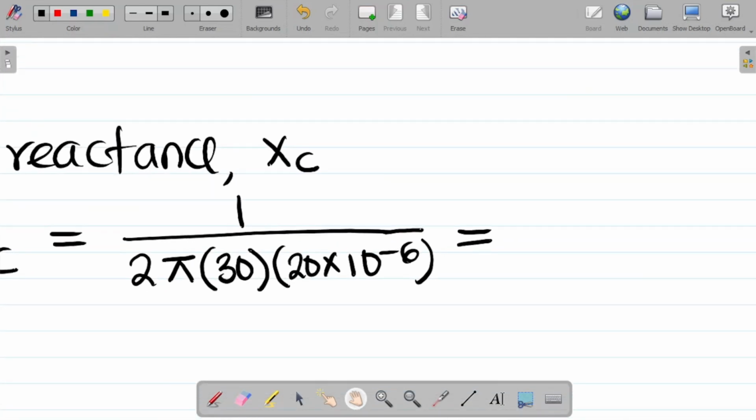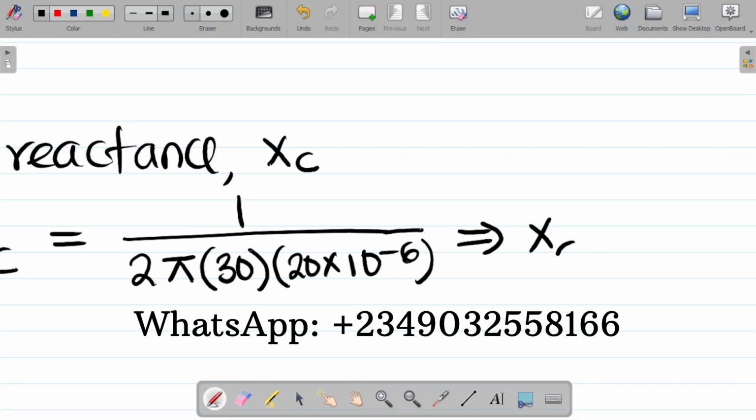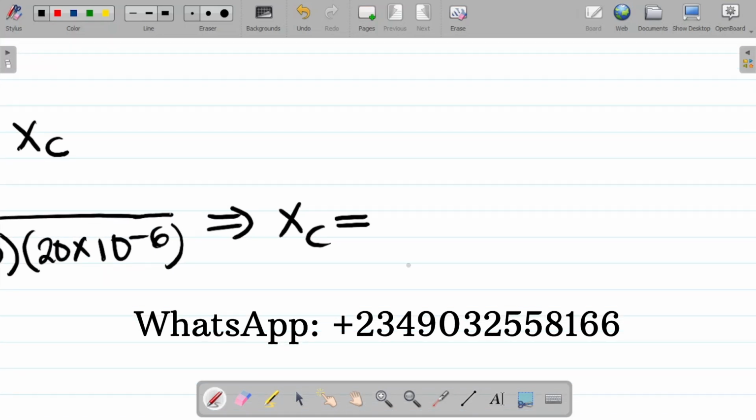1 divided by 2 times pi times a frequency of 30 hertz times the value for capacitance. And when I punch this, let's call this XC as being equal to, my value gives me 265.26 approximately.